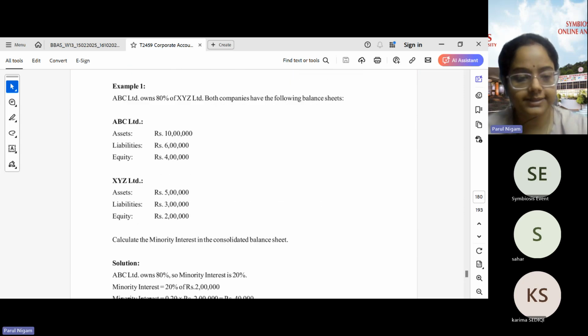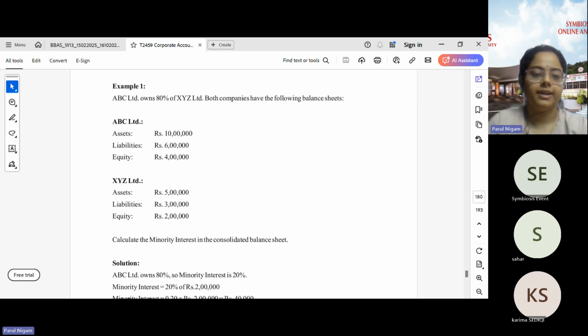Okay, so now let's see these questions. That is why I have opened that PDF. ABC Limited owns 80% of XYZ Limited. Both companies have the following balance sheet. So you can see ABC Limited has assets of 10 lakh, liabilities of 6 lakh, and equity of 4 lakh. Fine.